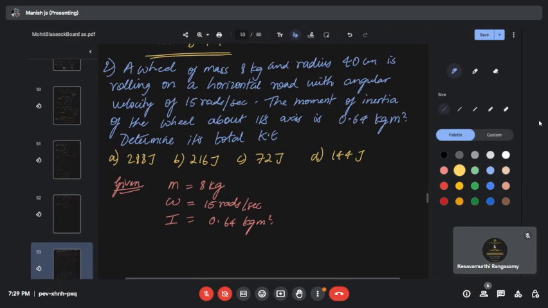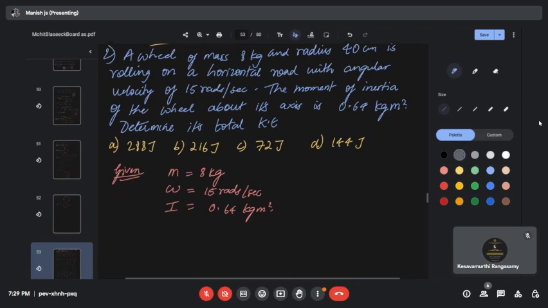When you have a wheel with certain mass that is rolling, obviously it is in motion, so it would possess kinetic energy, right? So what is the formula for kinetic energy? This you guys should be knowing. Half mv square. Exactly, that's the kinetic energy.